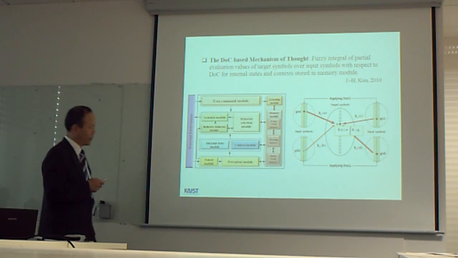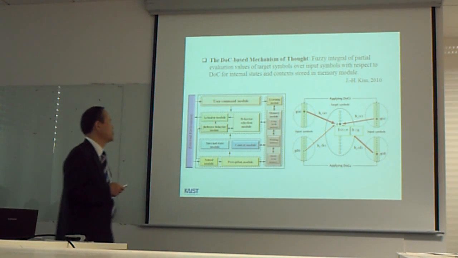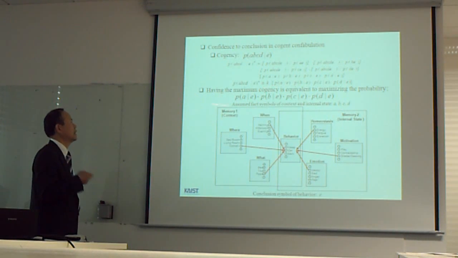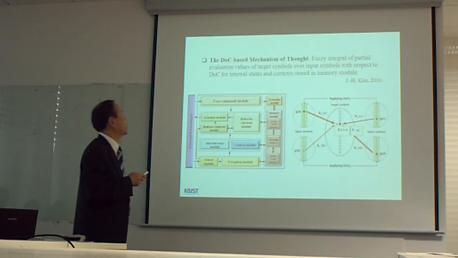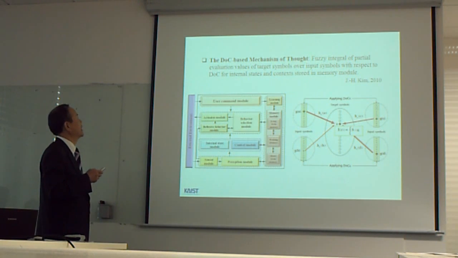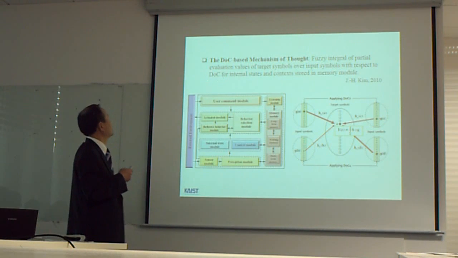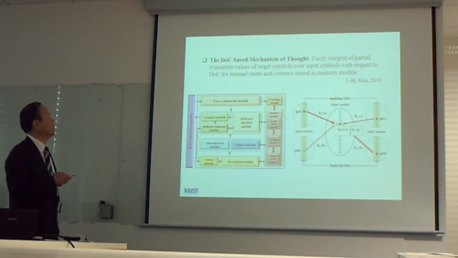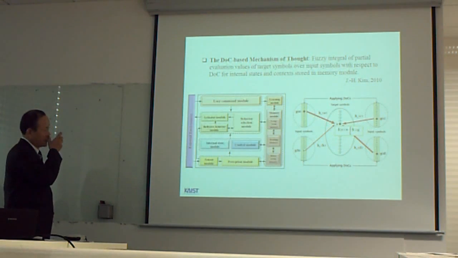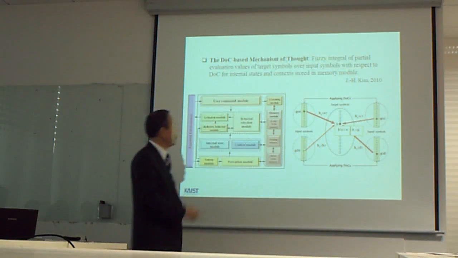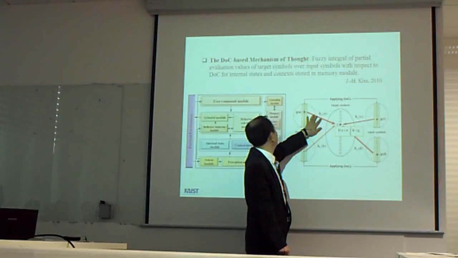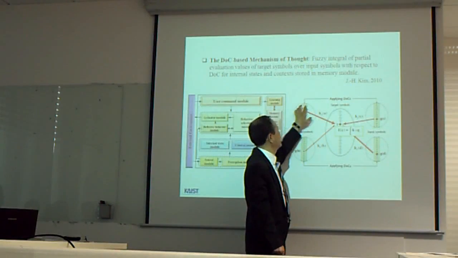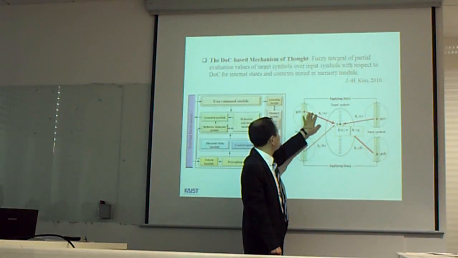It was based on a mechanism, because human beings do not use this kind of conditional probability. Instead, we use partial evaluation values of target symbols over input symbols, with respect to the degree of consideration for internal states and context stored in the module. It means we have some experience between input symbols and target symbols.